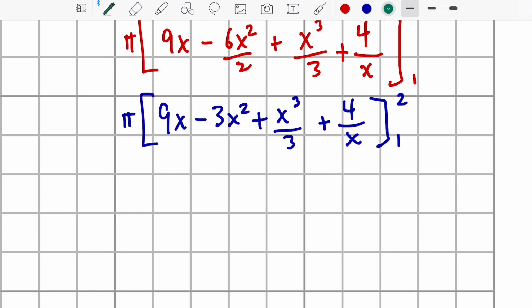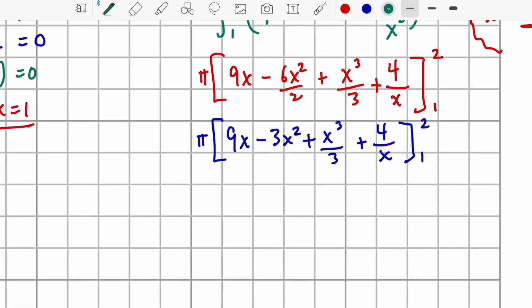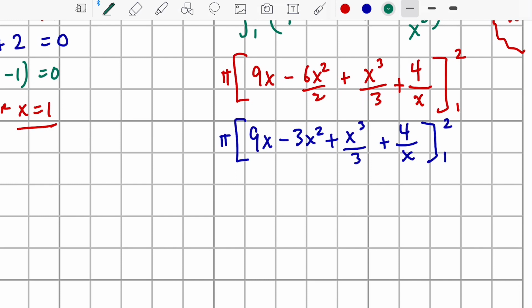Next step, let's plug them in. This one's going to be kind of long. So I'm going to start over here. Pi. First we plug in the top one. So it'll be 9 times 2 minus 3 times 2 squared plus 2 cubed over 3 plus 4 over 2.